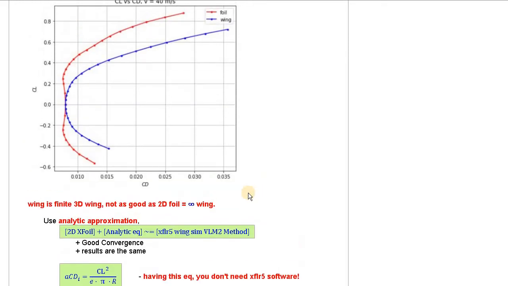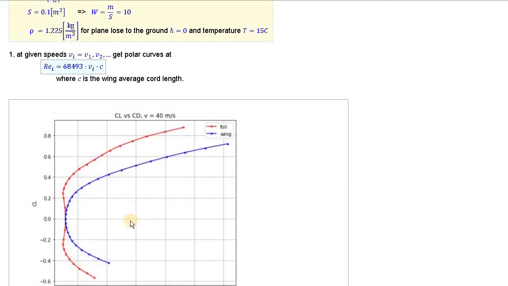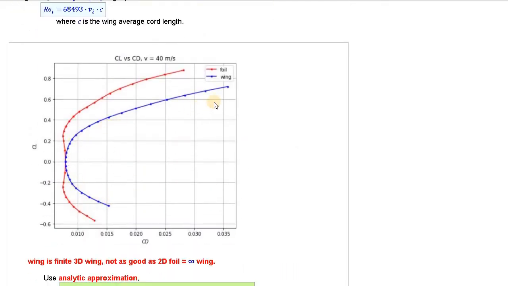Okay, so if you do this, we're going to have the blue curve. The blue curve is the curve for the wing. The red is the 2D foil simulation, and the blue curve is the simulation for the wing.